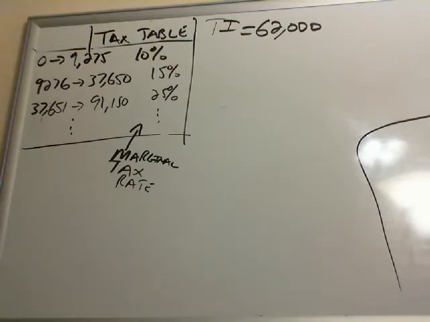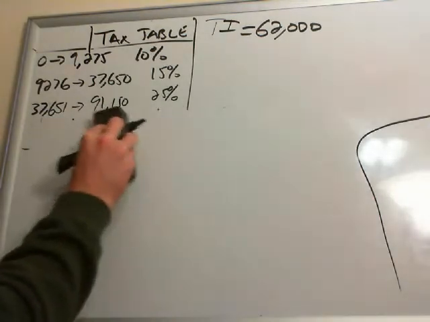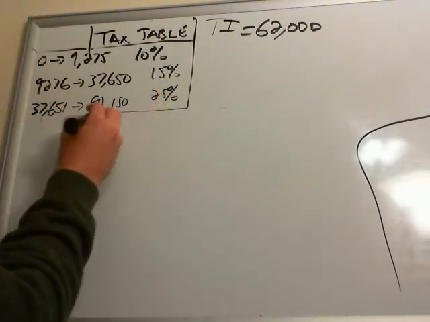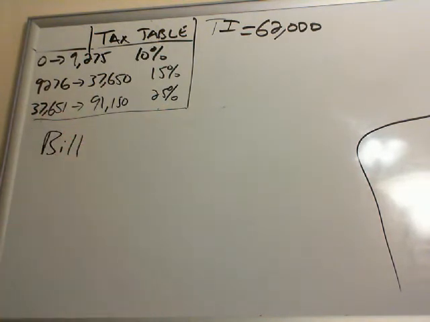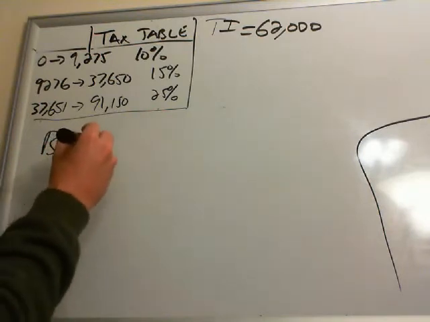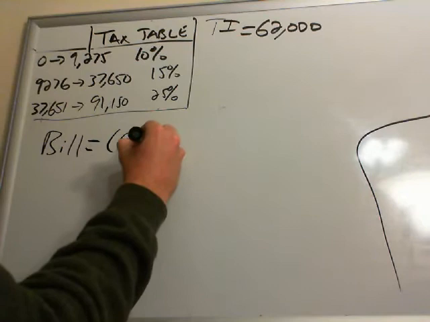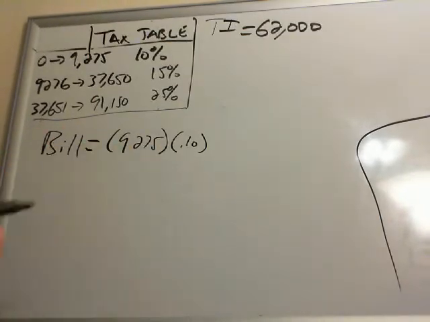So I'm going to give myself a little space here and erase the marginal tax rates. And let's see what we get. So our tax bill is going to equal the first $9,275 times the 10% marginal tax rate.